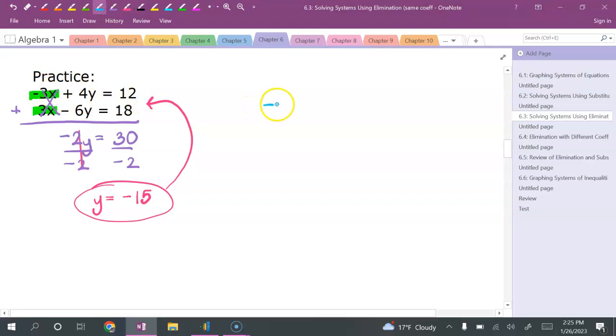So I have negative 3x plus 4, and in for y, I'm going to put that negative 15, and then equals 12. So I have negative 3x minus 60 equals 12. Then I should have added the 60 over.